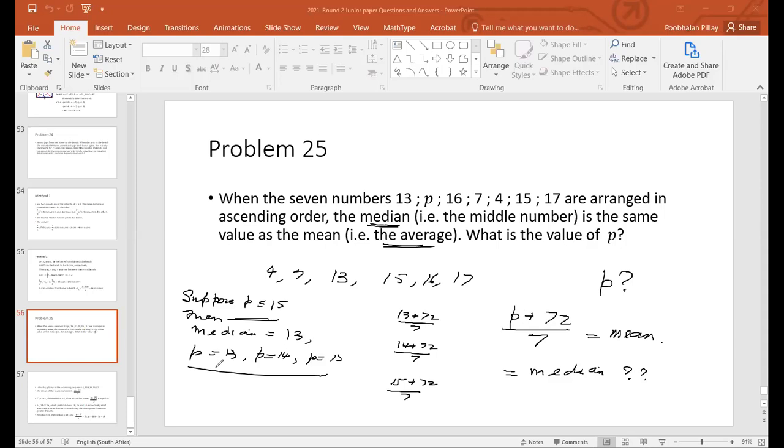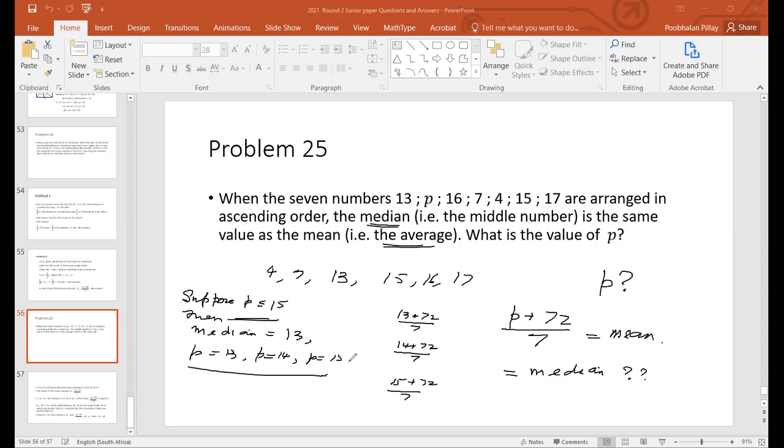So if P is equal to 13, you'll see that it can't work. 13 plus 72 divided by 7 is not equal to 13. Or 14 plus 72 divided by 7, that's 86, is not equal to 14, for P equal to 14. And if P is equal to 15, 15 plus 72 divided by 7 is not equal to 15.